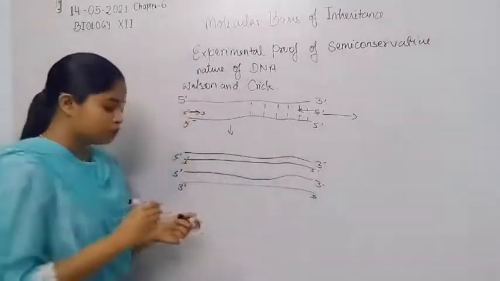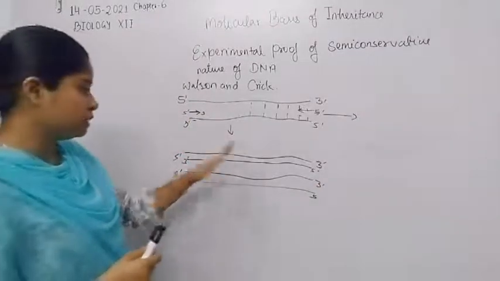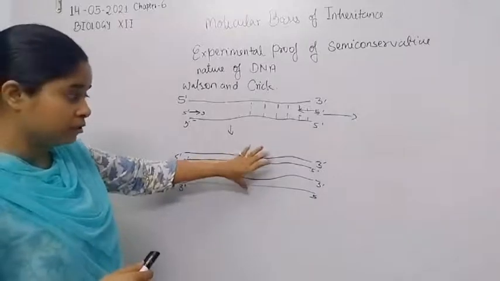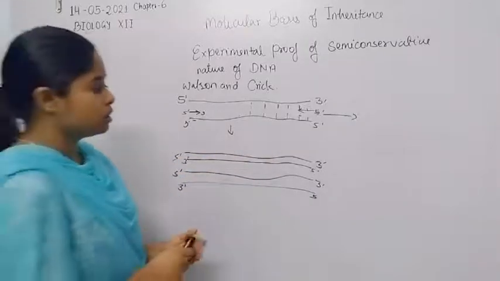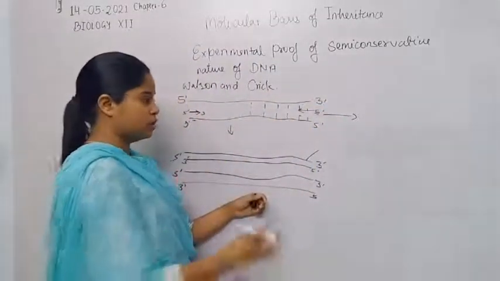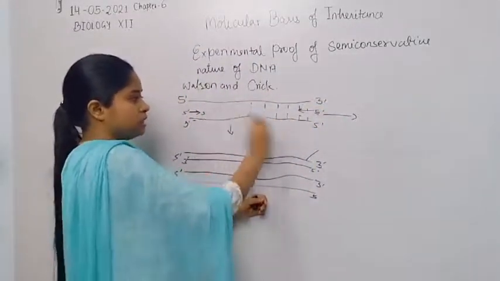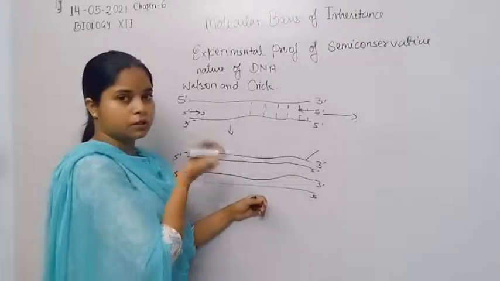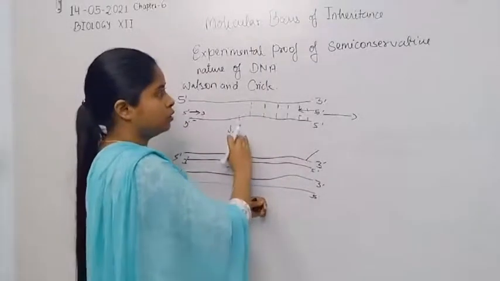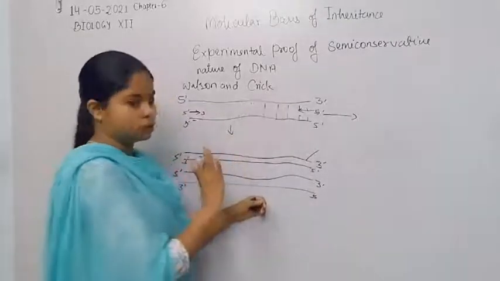The two strands of DNA get fully synthesized, and these two DNA molecules are semi-conservative, because of the replication process. This synthesis process is said to be the replication process. We will discuss it later. Now in this class we only discuss the semi-conservative nature of DNA.